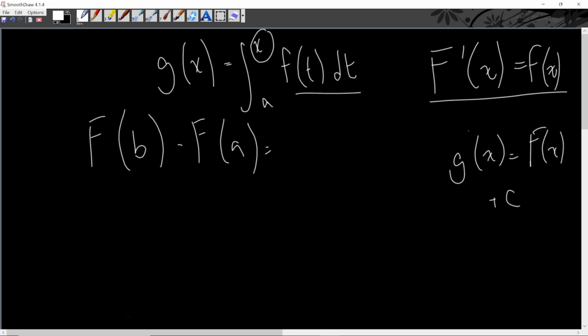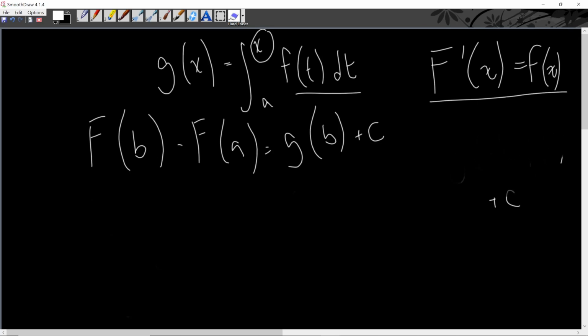Because g prime x is equal to lowercase f of x. So when you do g of x, you'll get big F of x. So from here, we have g of b plus c. We're just plugging b's in for all the x's, and then g of x equals big F of x plus c. So g of b plus c minus g of a plus c, right?